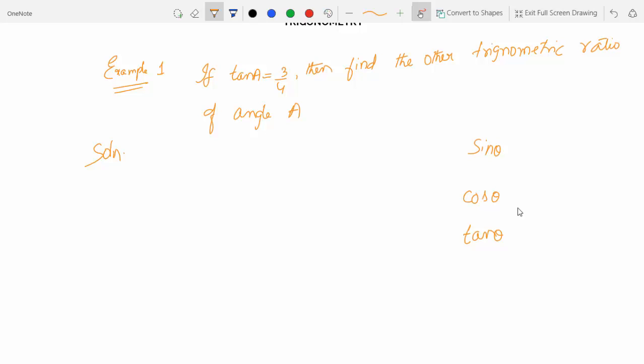Here we have an example problem. It's given if tan A is 3 by 4, then find other trigonometric ratios of angle A. If you have a question like this, first write down sine theta, cos theta, tan theta, and we should just write Old Harry and his old aunt.